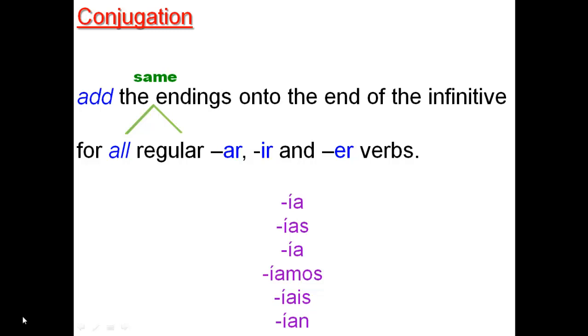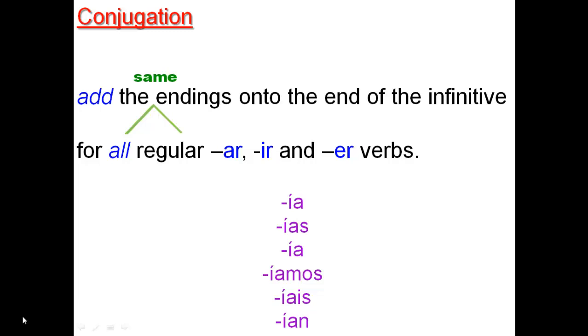So you only have 6 endings to learn, which is brilliant. The sharp ones out there, if you are looking at this thinking, ooh, those endings look a bit familiar, well done. That means you've checked out the imperfect tense, because those are in fact the endings for the imperfect tense for IR and ER verbs. But in the conditional tense, you use them for all types of regular verbs.